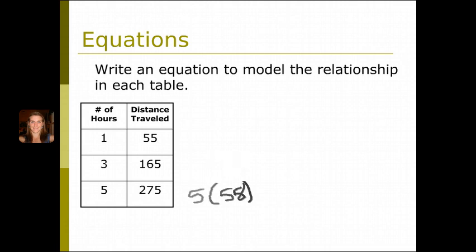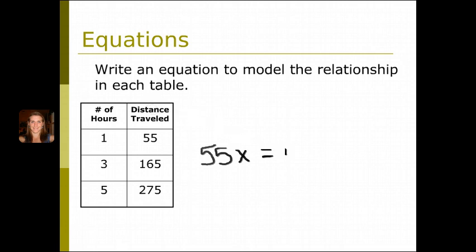In order for this to be an equation, we have to use variables. Generally, the first column is your x column, and the second column is your y column. Therefore, in order to write an equation that would work for any value of x and any value of y, we would say 55 times x equals y.